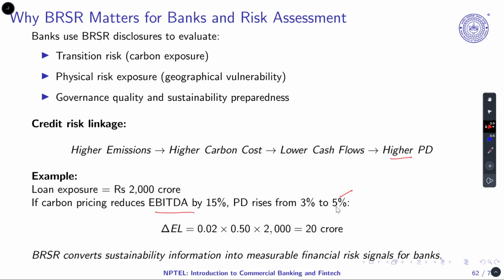So here we can see that the overall cost for this particular bank will be 20 crore, and this 20 crore basically gives you the idea of where it comes from. So BRSR basically converts sustainability information into measurable financial risk, and this channel is important. Higher emissions, higher carbon cost, lower cash flows, and a higher probability of default that we are seeing here, right? So this is where it is important.